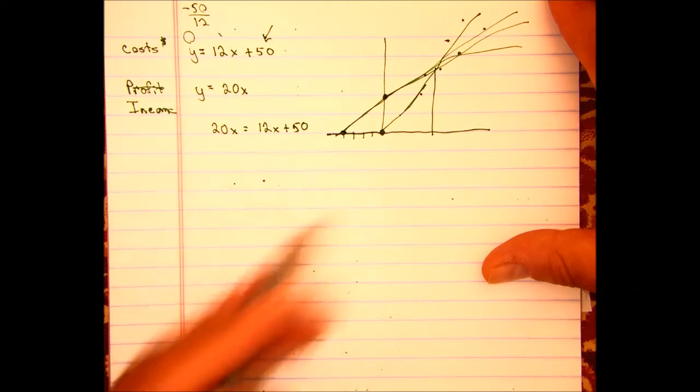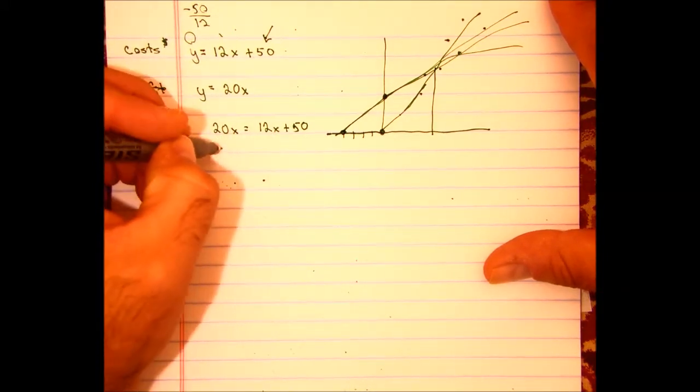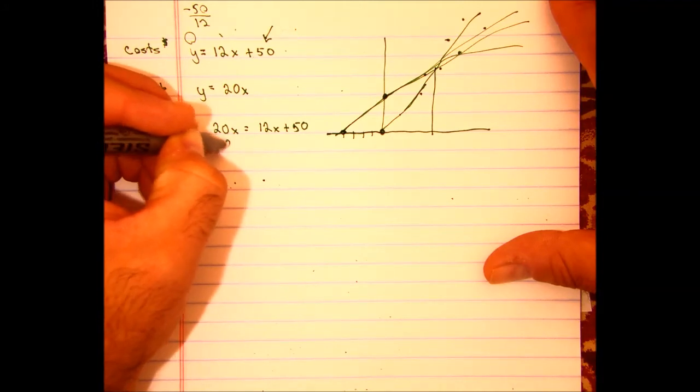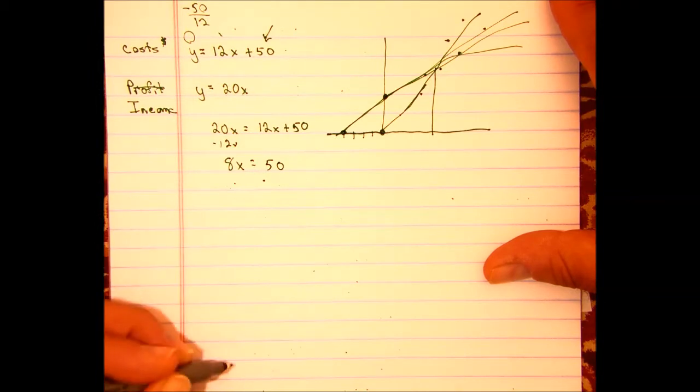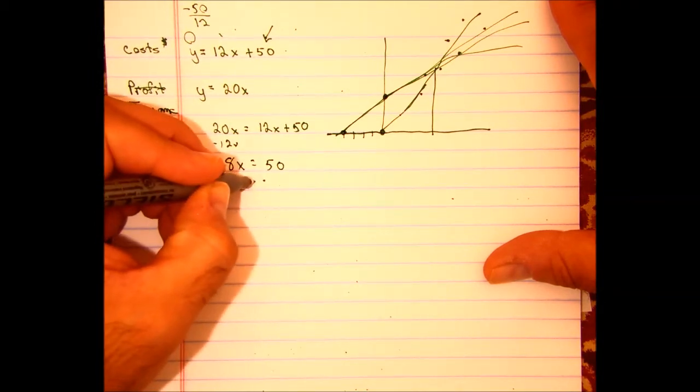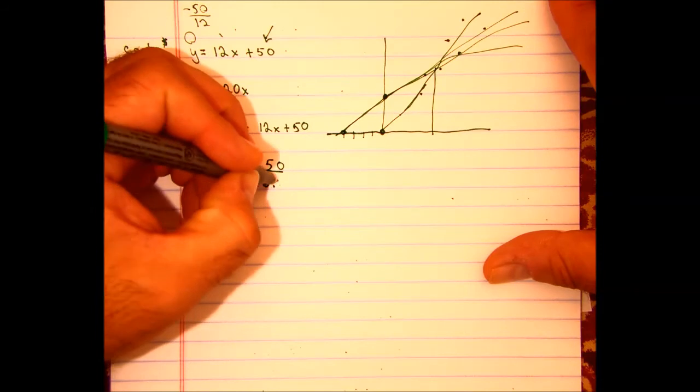Now, if you want to double check it, you put them equal to each other, and you get all your x's to one side, so you get minus 12x. You get 8x equals 50. You divide everything by 8. 50 divided by 8, does it go in evenly? It does not. It's 6.25.